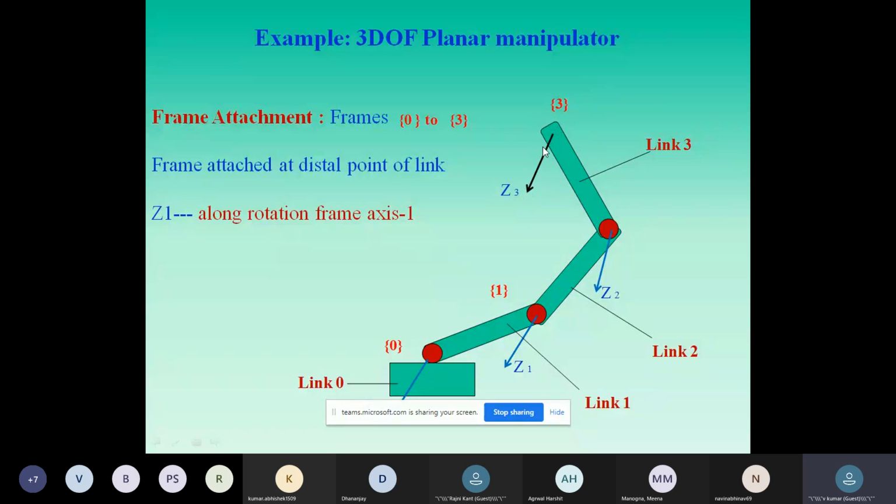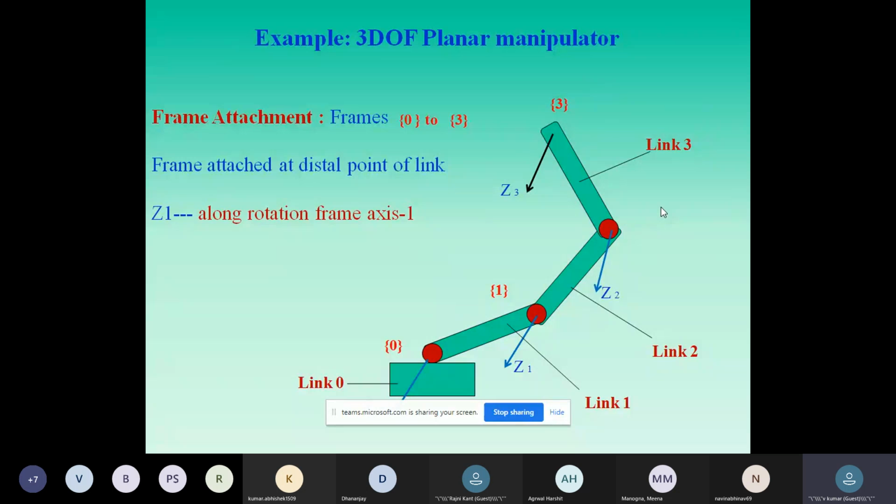At Z3 there is no joint, so how will we attach it? You just attach it parallel to the previous one. Z3 should be parallel to Z2. This is the convention. Are all okay? Okay, first you attach Z1.